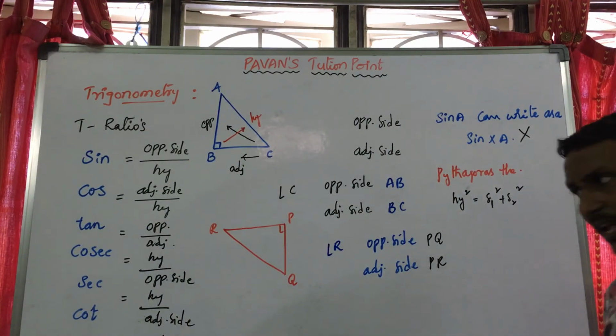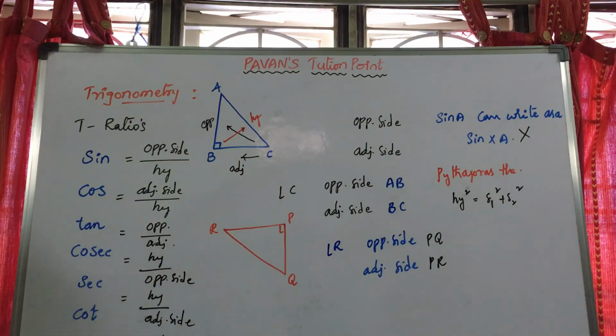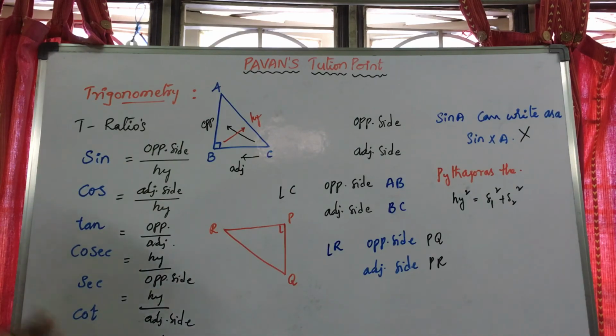By using this formula and these trigonometric ratios, we are going to solve the entire first exercise. These are the basics for solving exercise 1. In the next session, we will discuss the important and typical problems from exercise 1.